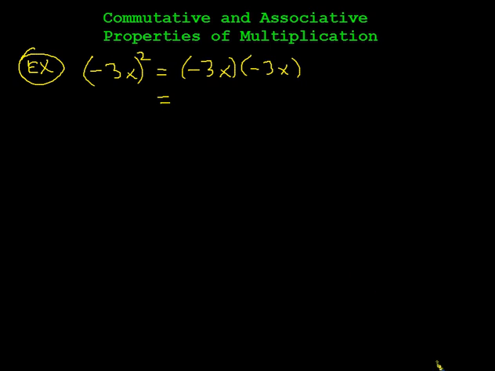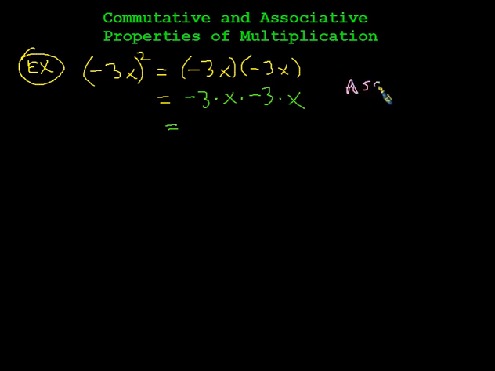And because of the associative property, we are allowed to just throw away those parentheses. So we get negative 3 times x times negative 3 times x, and then let's go ahead and move things around. First let's state what allowed us to do that.